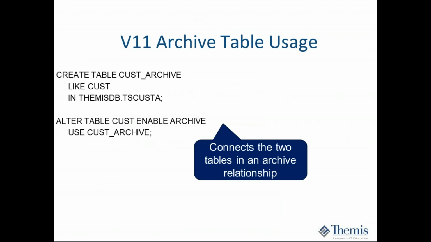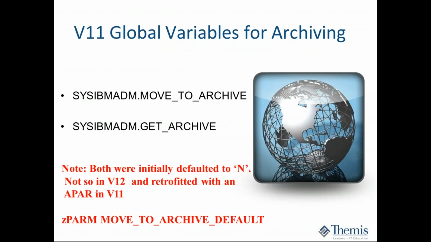So you create a table, you create another table like it, and you do an alter statement that ties those together, and things happen automatically. There are some global variables having to do with this: move to archive and get archive. Both of these were set to no when version 11 came out, and none of us could ever really understand that.